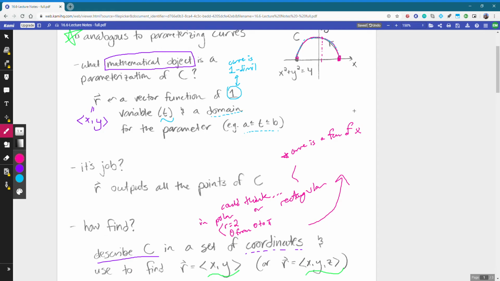And so we can use x as our parameter, and we can just take our equation and solve it for y in terms of x. Here we get plus or minus the square root, and we want the positive square root of 4 minus x squared. And here we'd want to move x from positive 2 to negative 2 in order to move the correct direction.